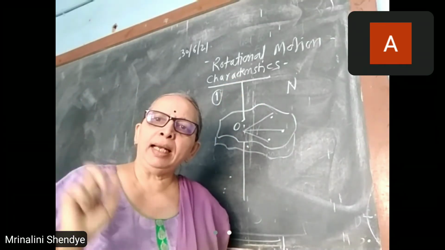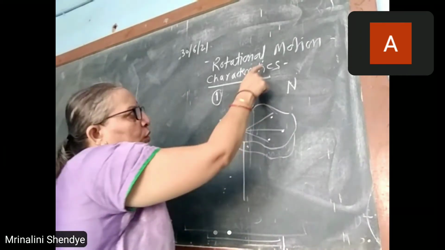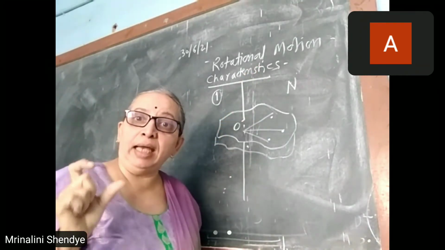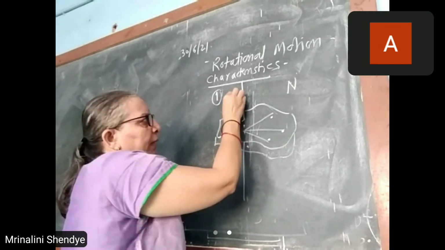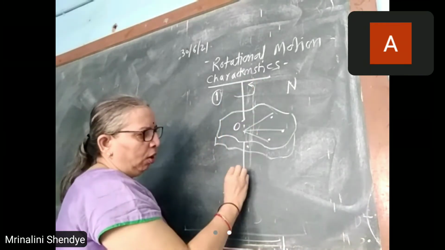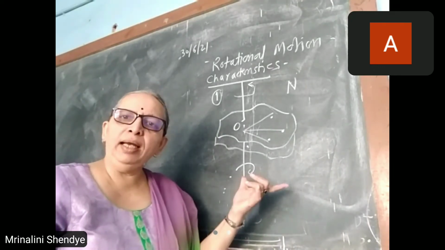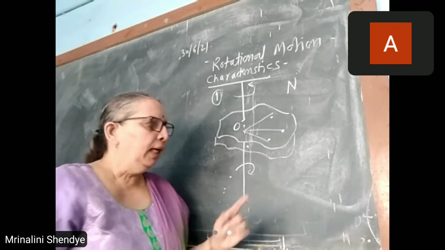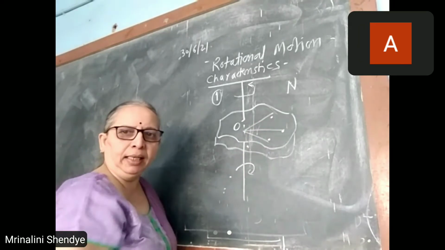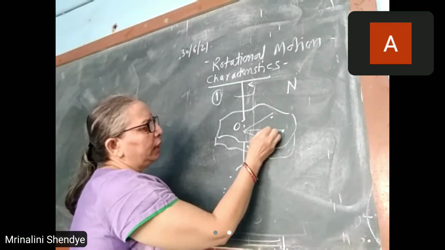The second characteristic is that this rotational motion has a sense of rotation. It may be anti-clockwise or it may be clockwise. So when the body as a whole rotates, each and every particle traces a circular path.